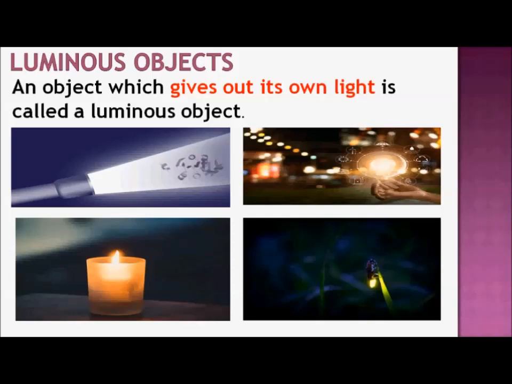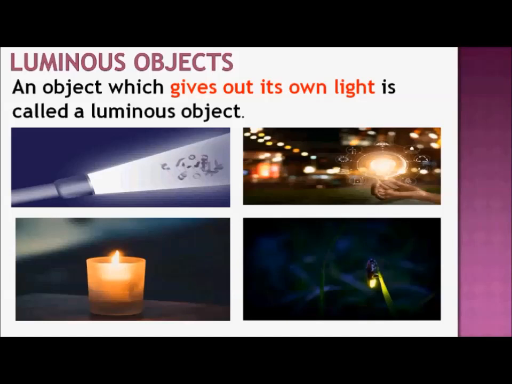Now let us see how we can see the luminous objects. Since luminous objects give out their own light, they can be seen even in the dark. If it is dark also, we can see a light, we can see a bulb, we can see a firefly.